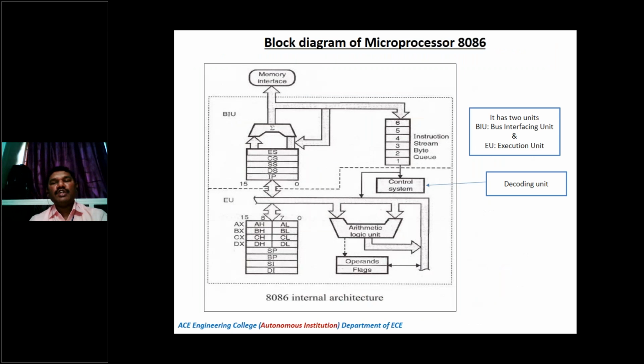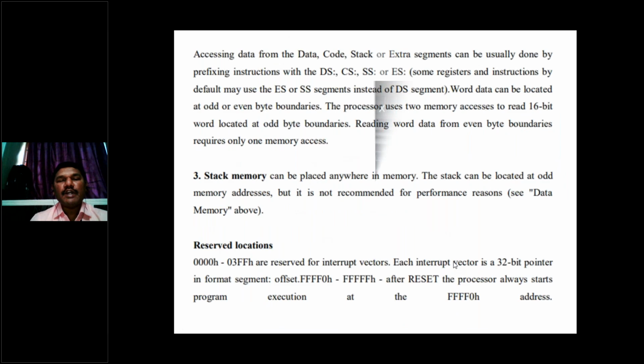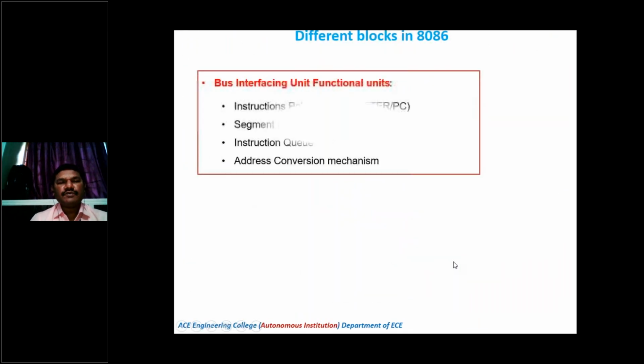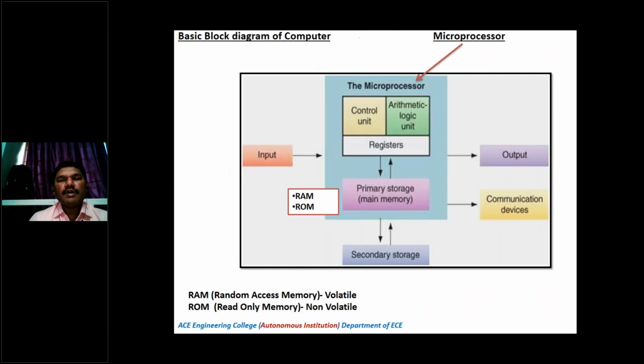Right, this is the 8085 block diagram and this is the 8086 block diagram. You see here, this is the memory, and 8086 has a bus interfacing unit and an execution unit. It has two units, the bus interfacing unit and the execution unit, and this is called the control system. But a microprocessor should have a control unit, an arithmetic and logical unit, and a register set.